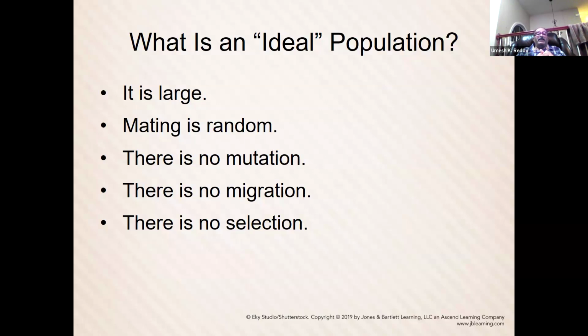And the migration: if the population is already ideal, there need not be migration. And what happens if the migration happens? The new alleles will enter into the gene pool. They will bring in diverse individuals or diverse insect populations.